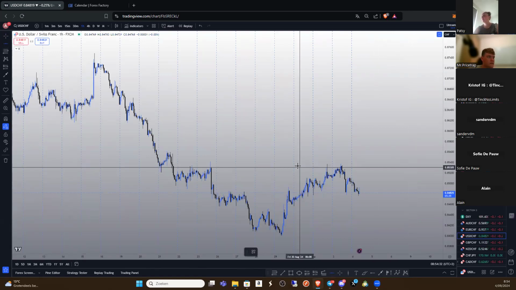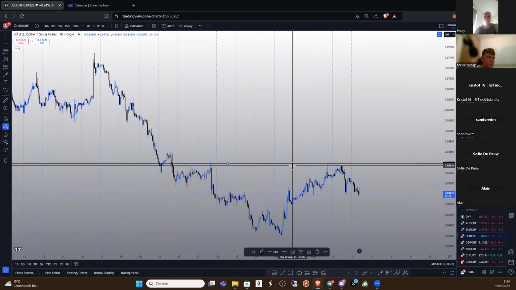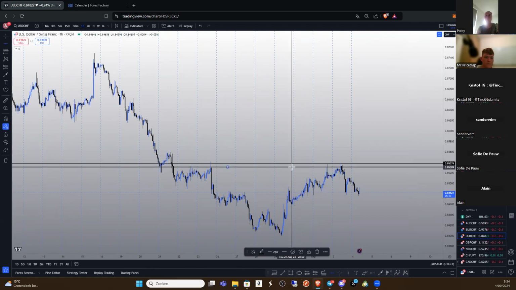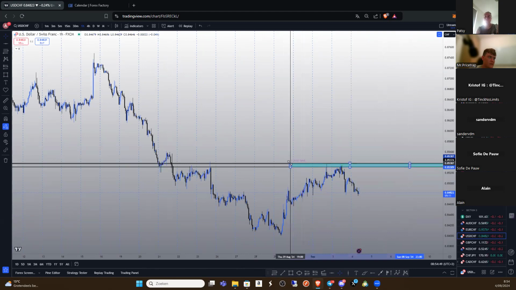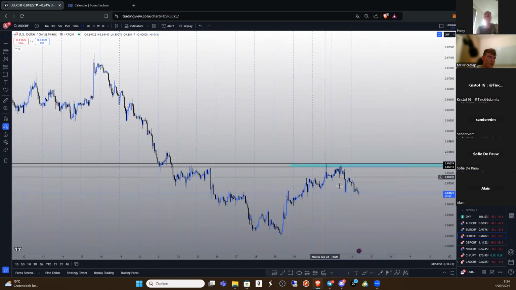I do like this one. Very obvious resistance zone here. Let's go. Enjoy the profits, bro. Easy breakout retest. Market structure. Break of the lows.